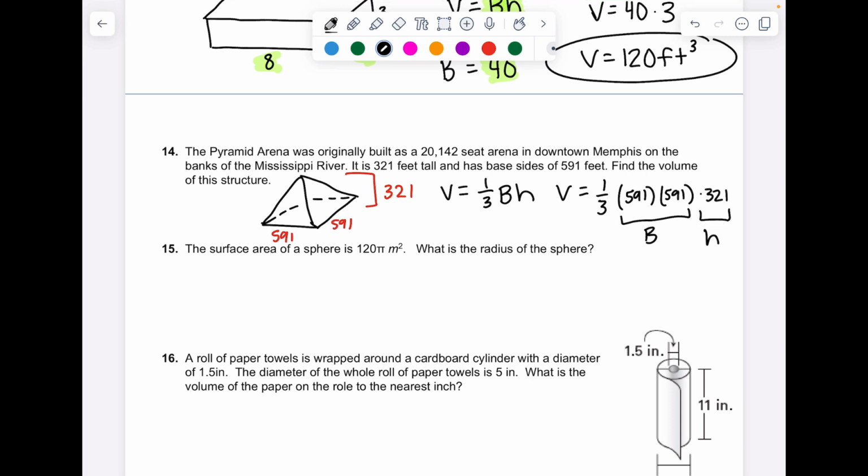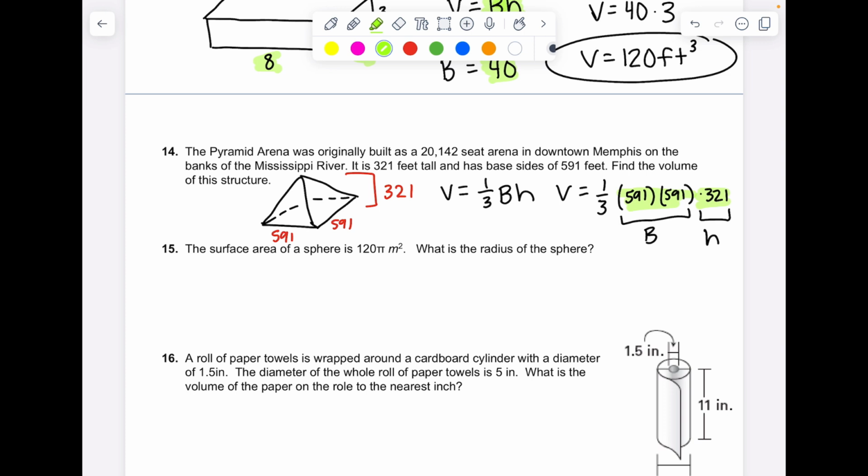So we've got the area of the base here, and then the height here. And then you can type that whole thing into your calculator. Make sure you don't forget to put 591 twice, so you have the area of your base.